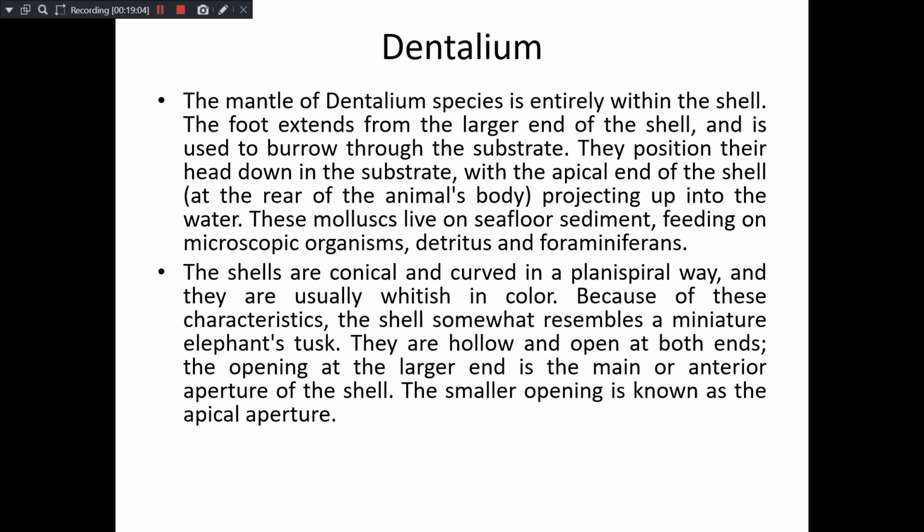These molluscans live on seafloor sediments, especially feeding on microscopic organisms, detritus and foraminifera, members of protozoans. The shells are conical and curved in a plain spiral way. Usually they are whitish or ivory color.